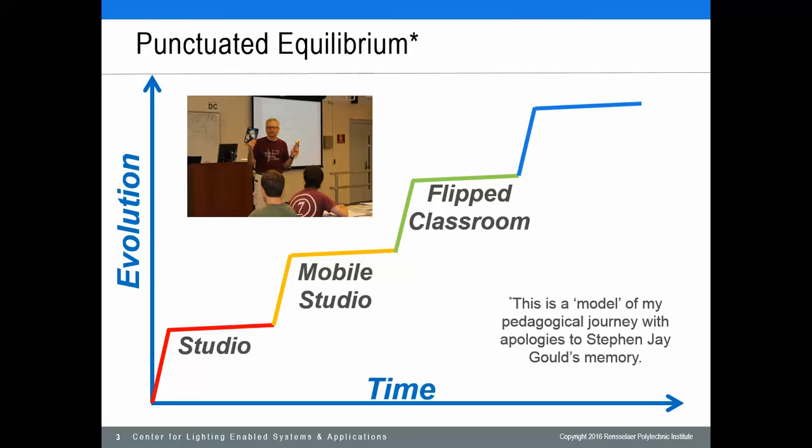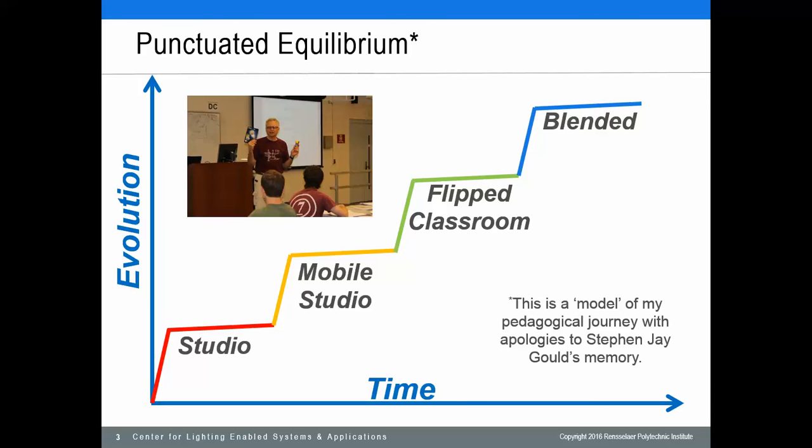After studio instruction got established, about the same time as flipped classrooms became a popular topic, and with the motivation provided by some excellent colleagues at other universities, I decided to flip this classroom and had really good results by moving all the lectures to YouTube and spending all class time just focused on hands-on activities with the students.